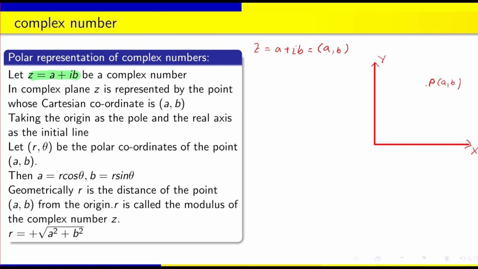Now we are taking this origin as a pole and this x-axis as the initial line.